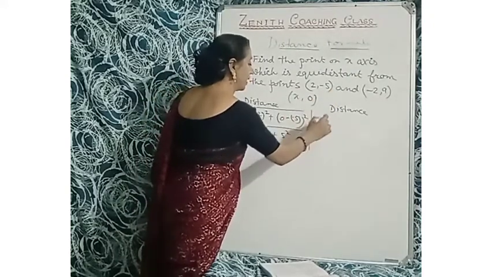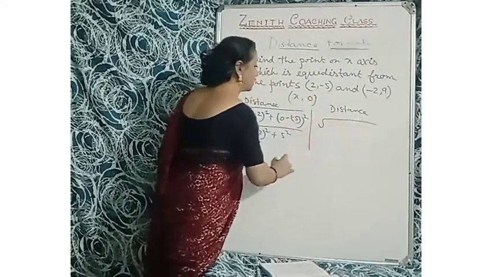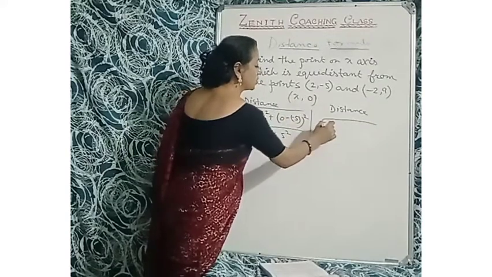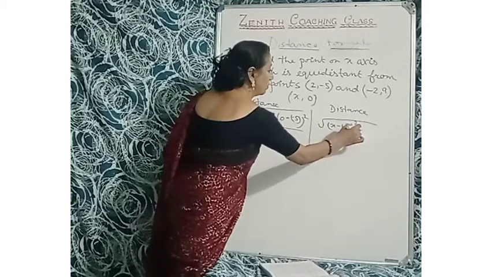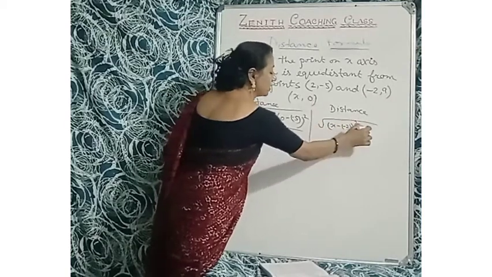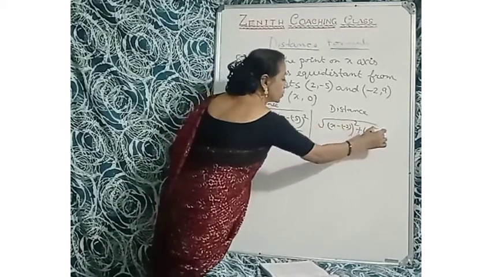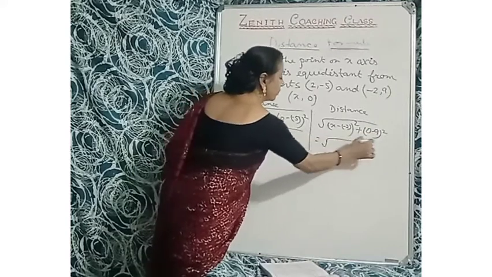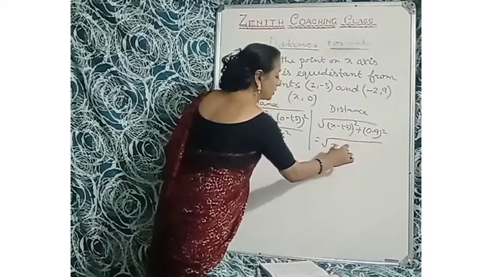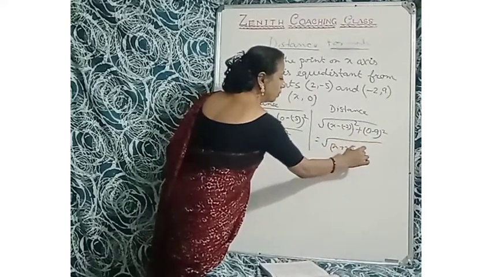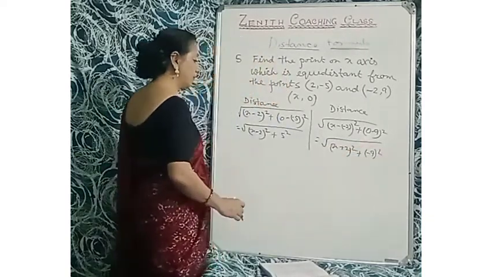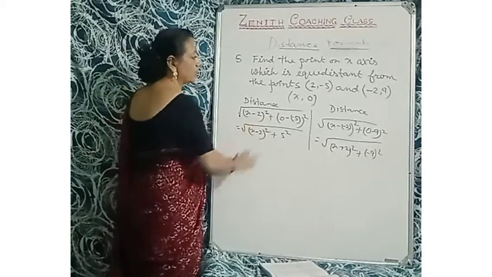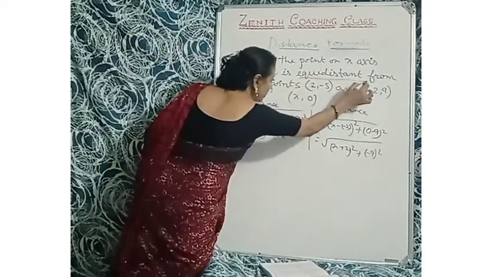So the distance is (x - (-2))² + (0 - 9)², that is (x + 2)² + (-9)². Both distances are the same because it is called equidistant.